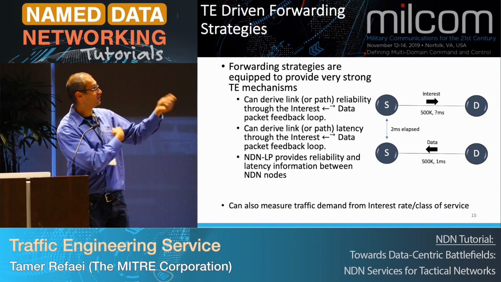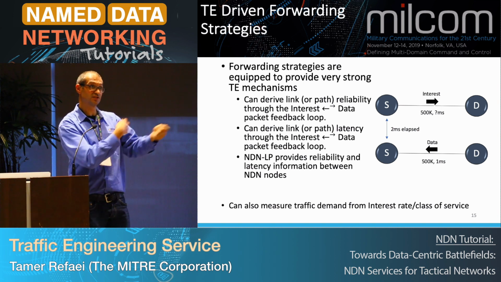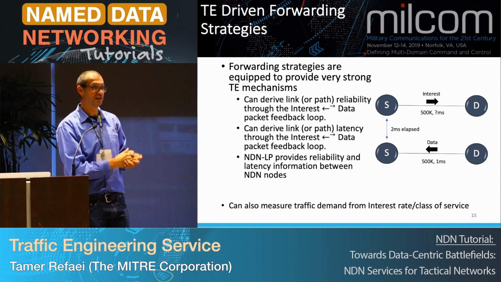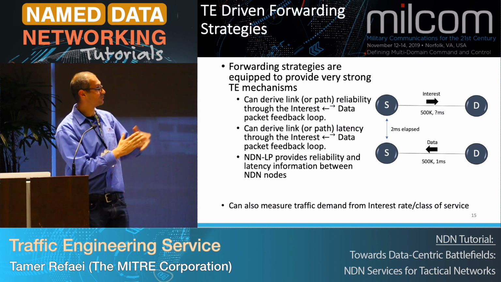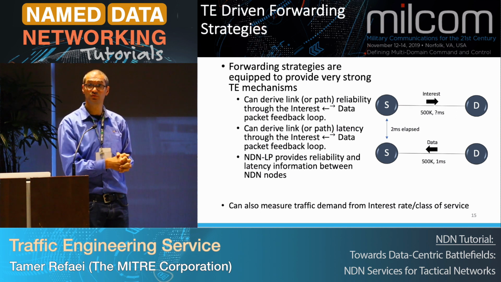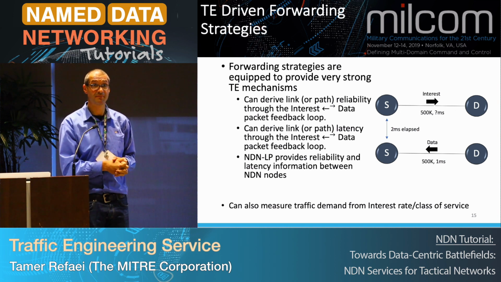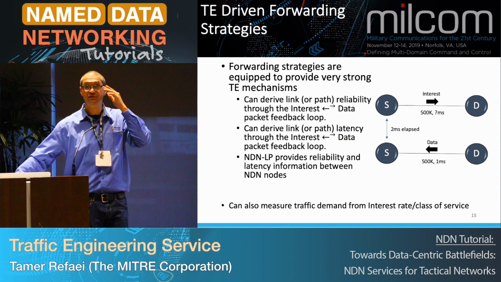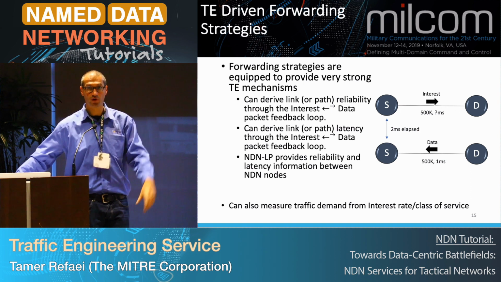So this feedback loop, where interest and data packets go in and out, could give me some information about the reliability and the latency, and I can factor this into the decision making when I'm trying to pick the right path for a given data packet. And I could do that per class of service, so I could do that per namespace if I want to.